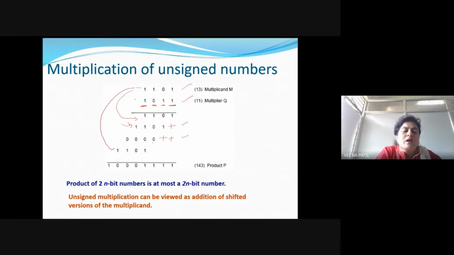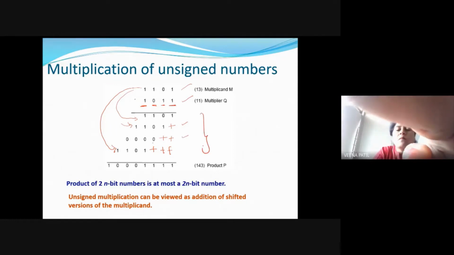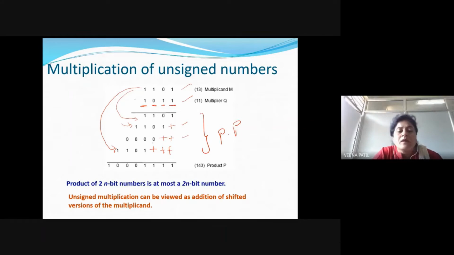I write it after a shift. Since a 2-bit shift was already done in the previous stage, one more bit shift has to be performed, then I write the multiplicand as it is. These we call partial products.